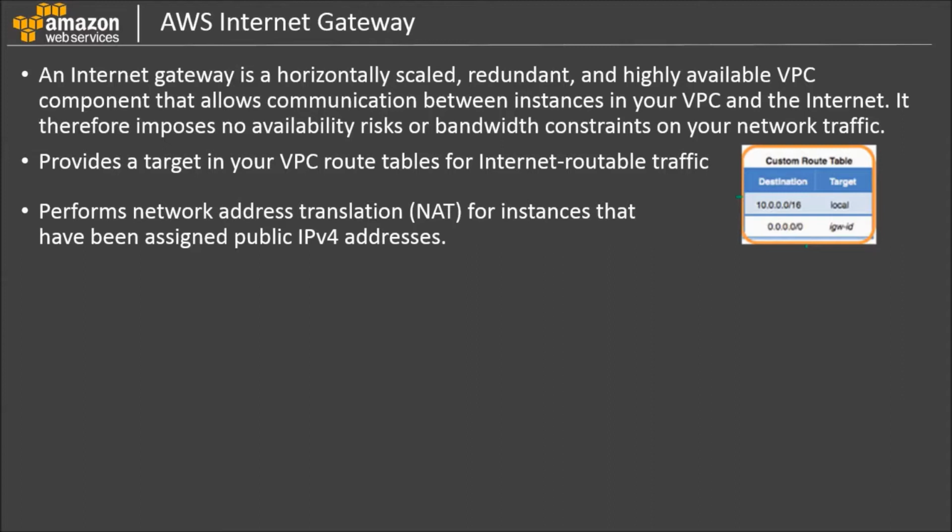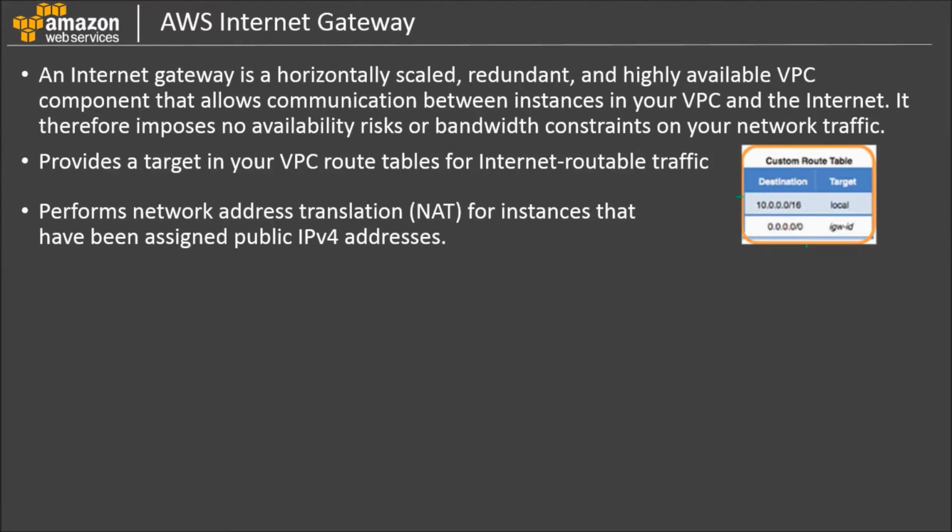So when traffic is sent from the instance to the internet gateway, the internet gateway translates this address into the instance public IP address or EIP address and maintains one-to-one mapping of the instance private IP address and its public IP address.